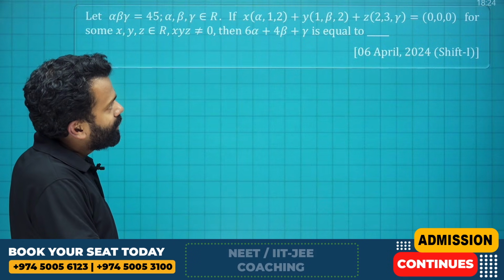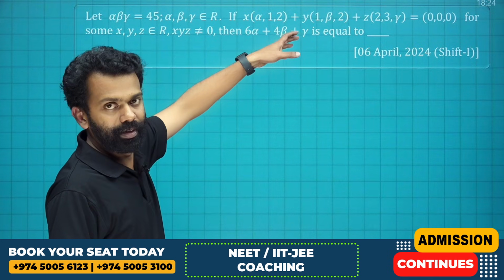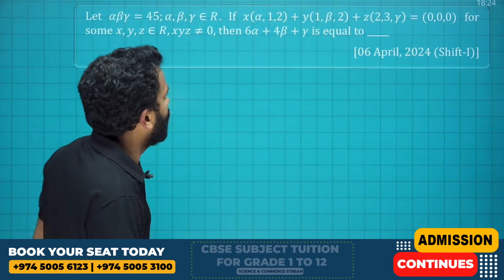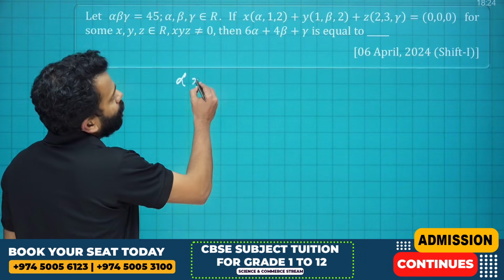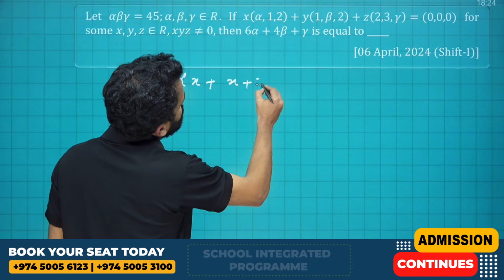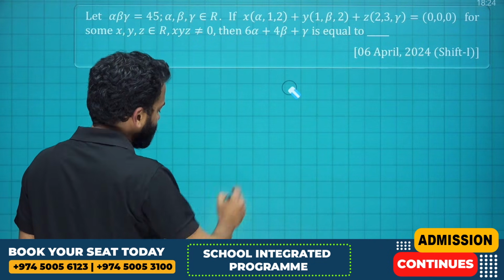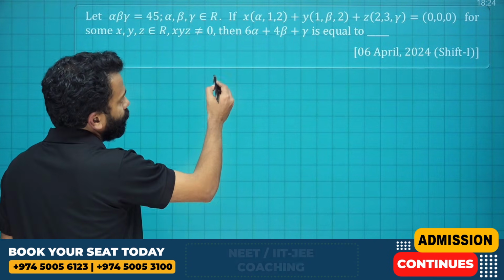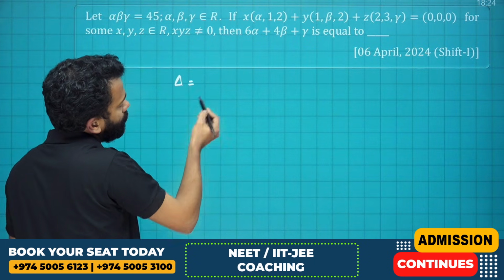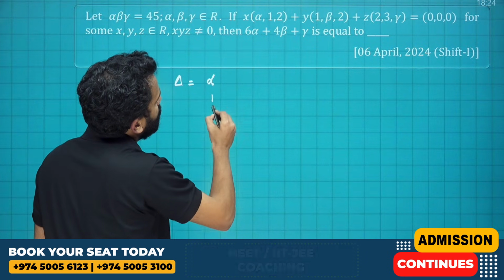And three homogeneous equations. Three equations are given in a different manner. This will be like alpha x plus 2x like that. So you have to represent it this way to form the parent determinant, that is, alpha 1, 2.